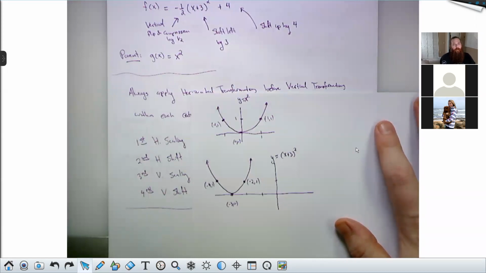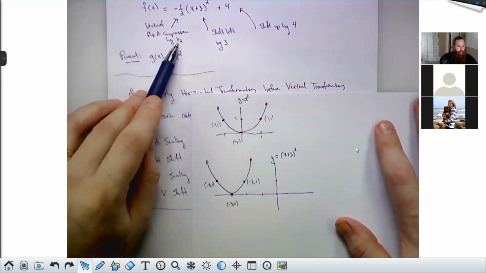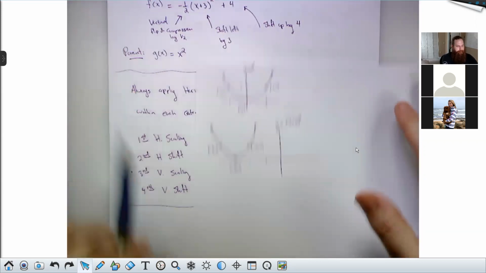Now that there's no more horizontal stuff to do, I'll do the vertical scalings. Right? I'm at this step now. The vertical scaling here is a compression by 1/2 and a flip.